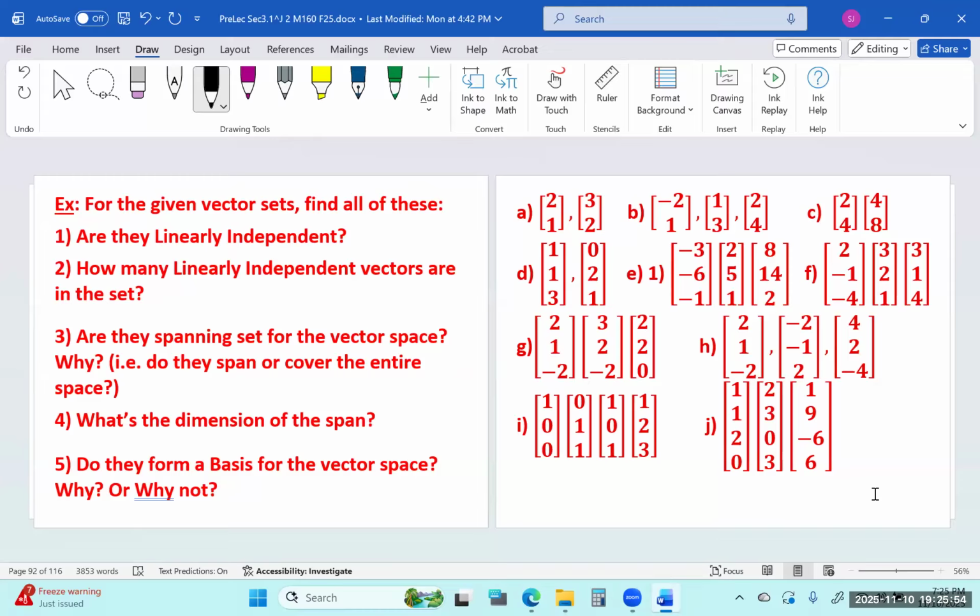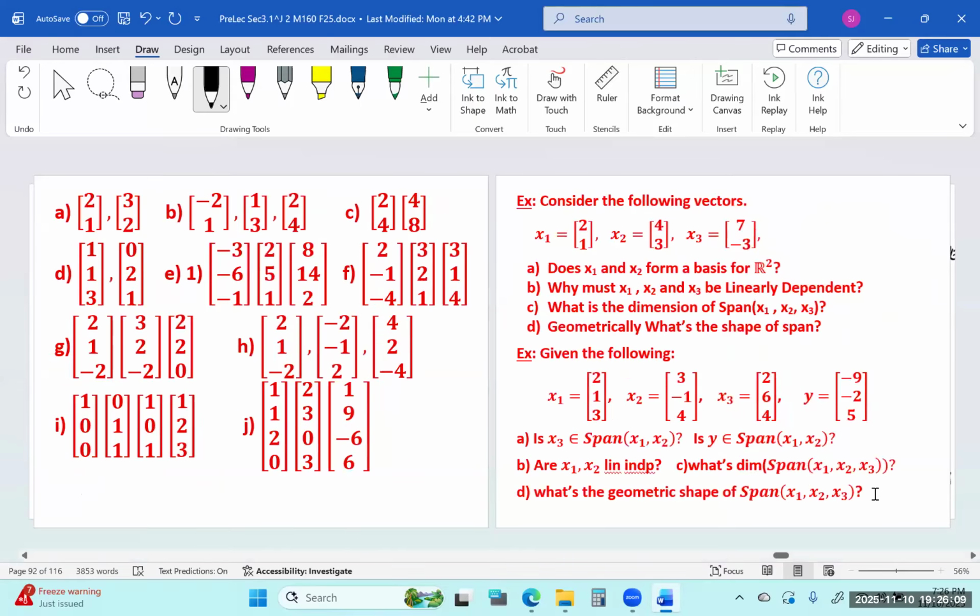See here, I give you 10 of them. In the exam, I'm going to give you at least two. I can give more, it depends on the rest of the materials, how much I have. Plus, there are two more questions. They also will be in the exam.